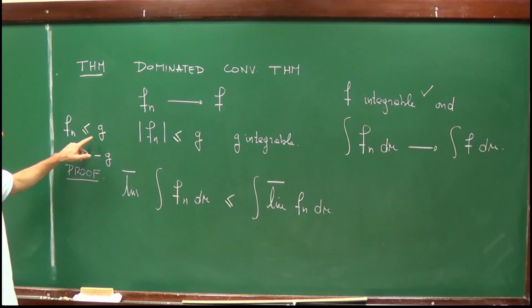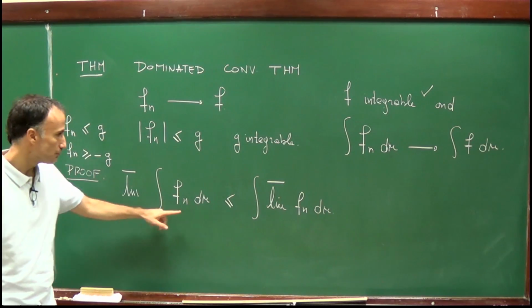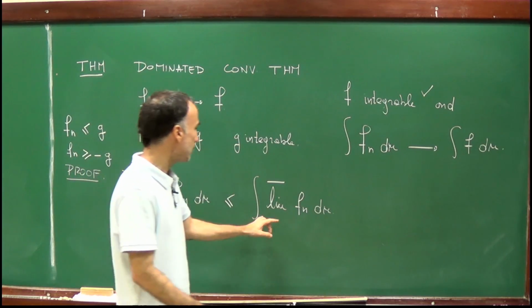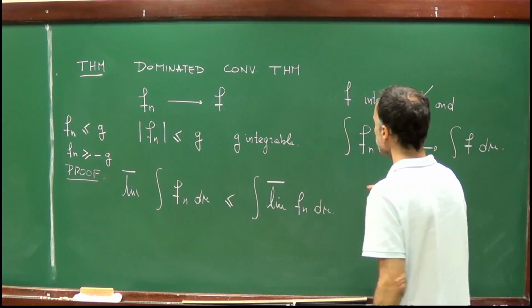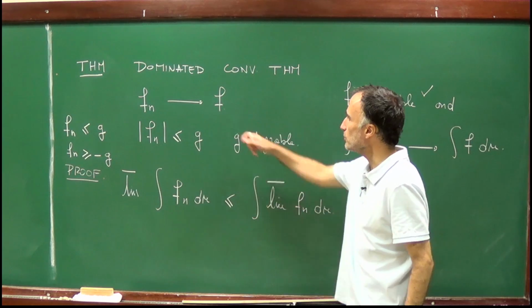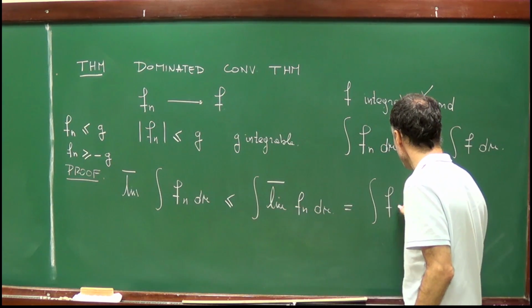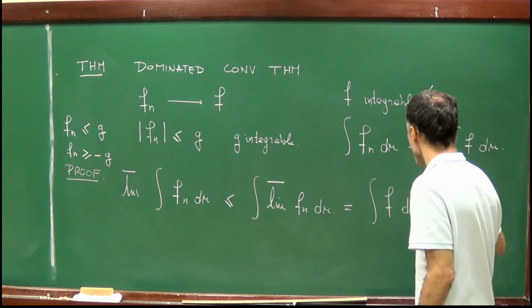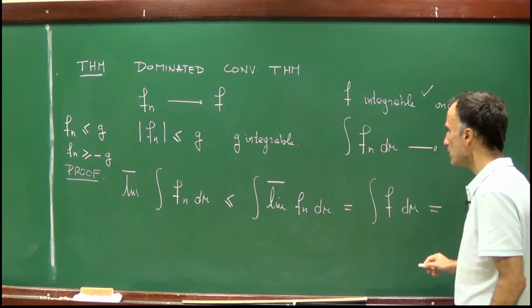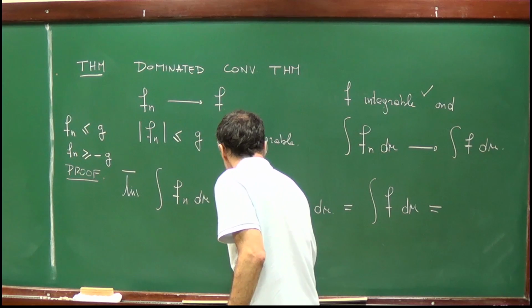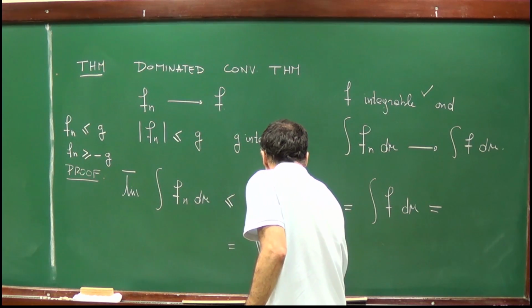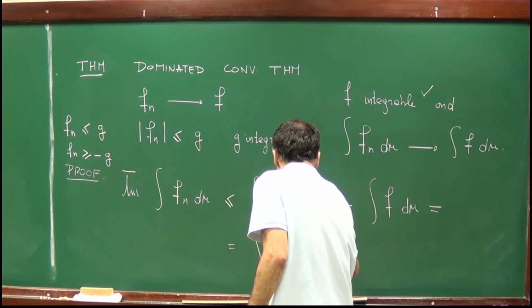So since fn is less than or equal to g, we can use Fatou, as I said. Now the limit sup of fn, since fn is converging to f, is just equal to f, which is also equal to the limit inf of fn d mu.